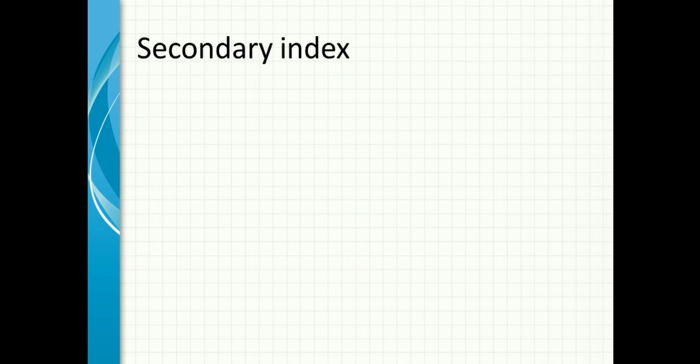So until now we have seen that we can access the database with a primary key, or a composite key, that is partition key plus sort key. The database can also be accessed through an alternate index.